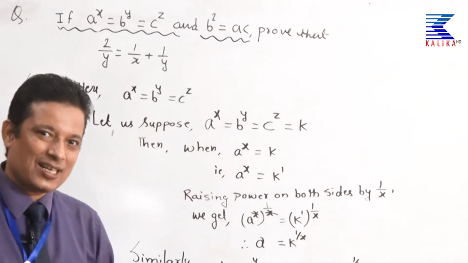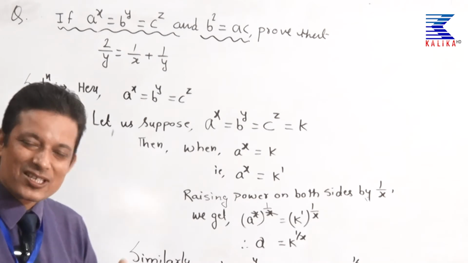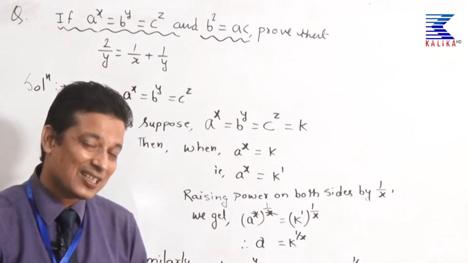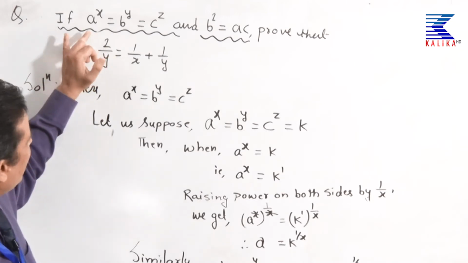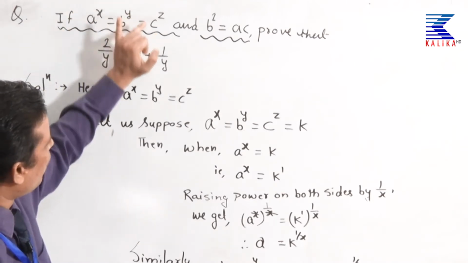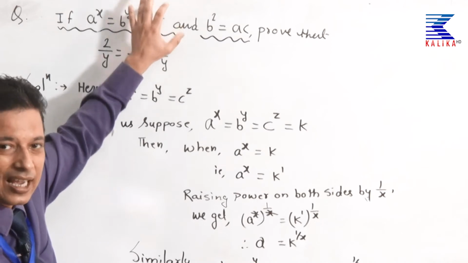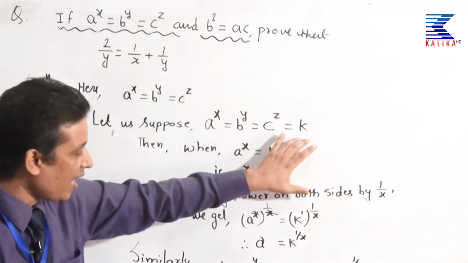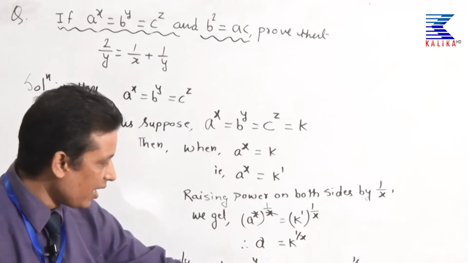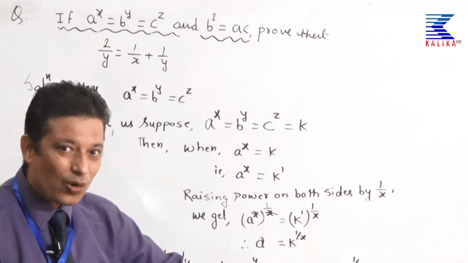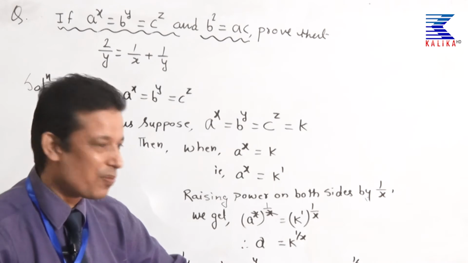So, dear student, I have just used the first condition given to you. The first condition was a^x equal to b^y equal to c^z, and I supposed it equals k, and I got the value of a, value of b and value of c, all in terms of k.